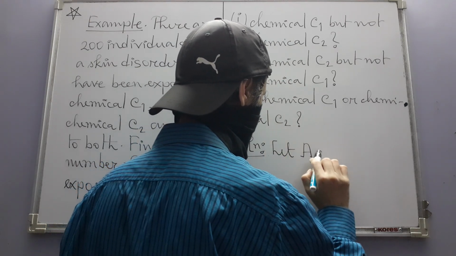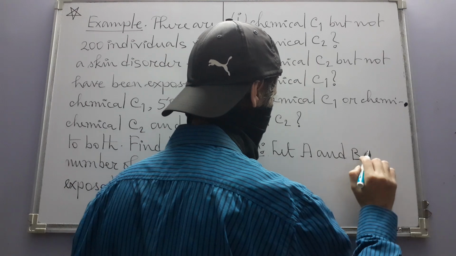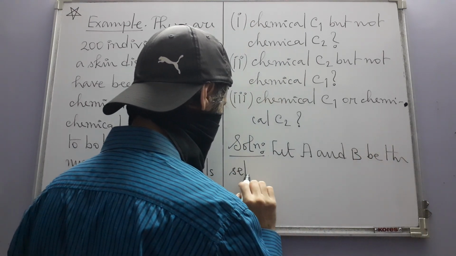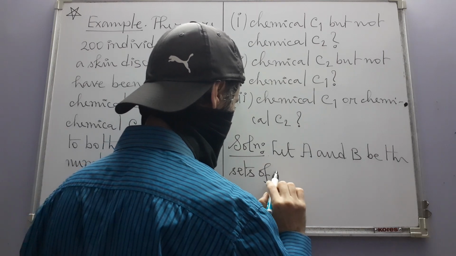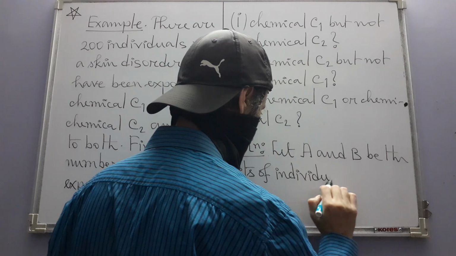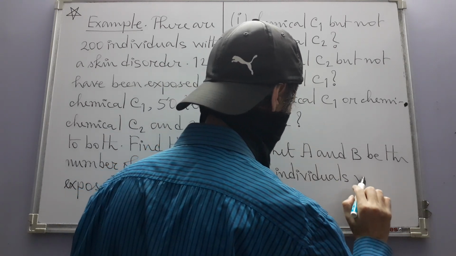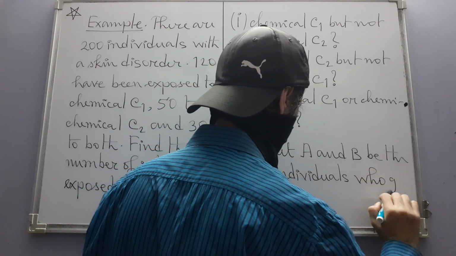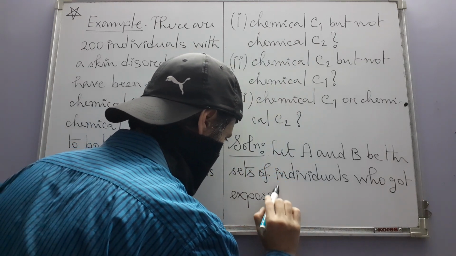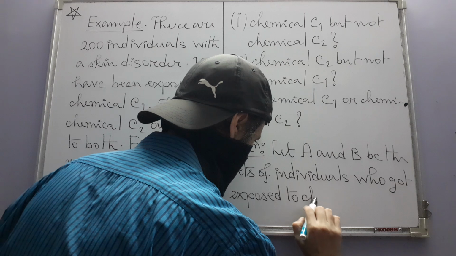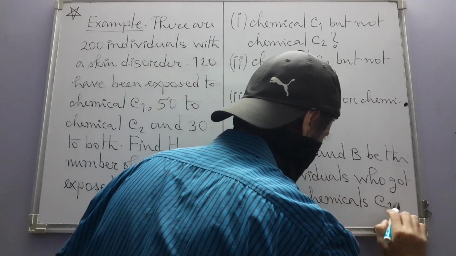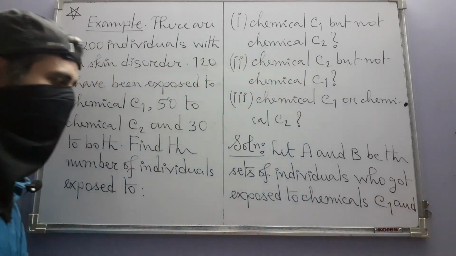Let A and B be the sets of individuals who got exposed to chemicals C1 and C2 respectively.